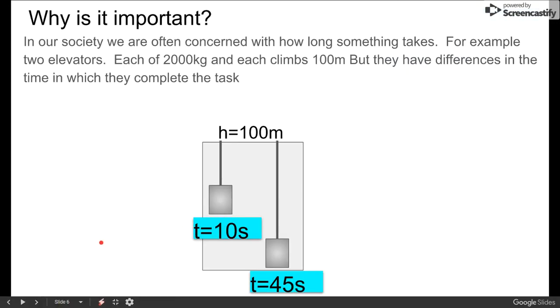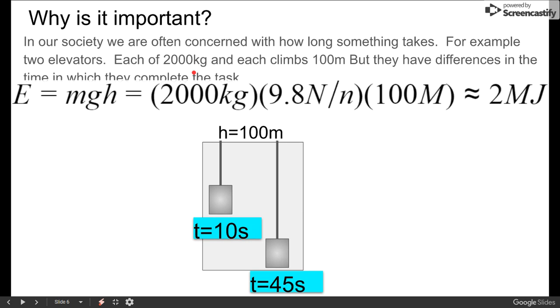Let's take our traditional elevator problem. You have an elevator going up 100 meters, 2,000 kilograms. There's the formula calculating the joules of energy that will be expended lifting these two elevators to the top. But there's a time difference here.